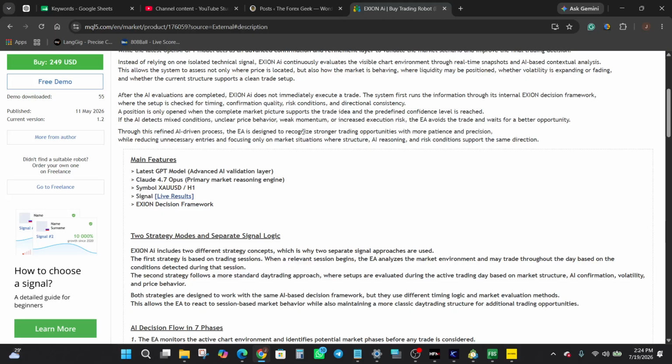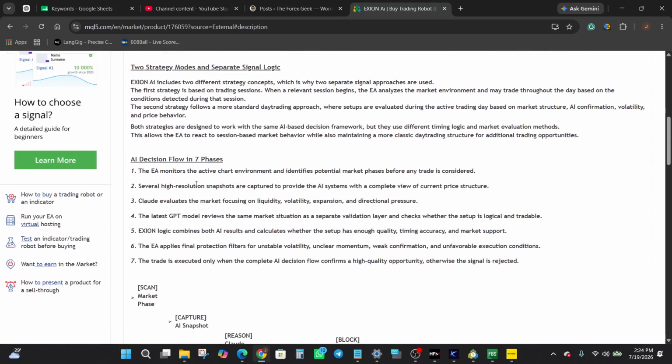The listing walks through a 7-phase decision flow. You can see that here: monitoring the chart, capturing snapshots, running two separate AI evaluations, combining the results through the EXION framework, applying protection filters, and only executing when the full flow confirms a high quality setup.